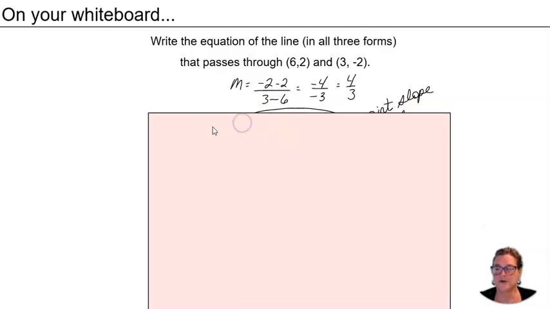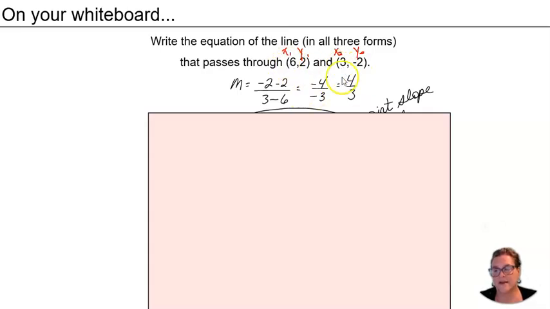So I took my 2 points and I labeled them x1, y1, x2, y2, and I used my slope formula to calculate the difference of the y's, -2 minus 2, over the difference of the x's, 3 minus 6.